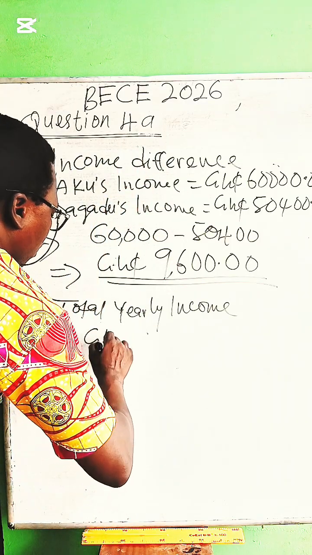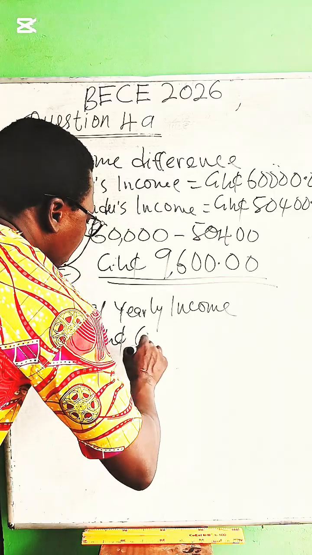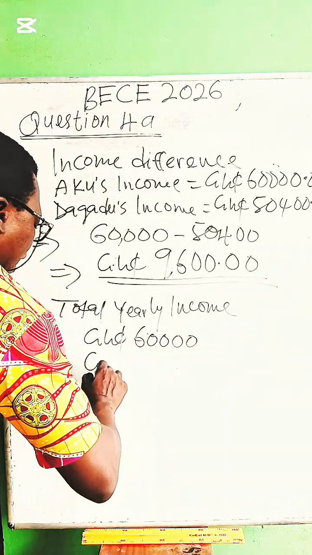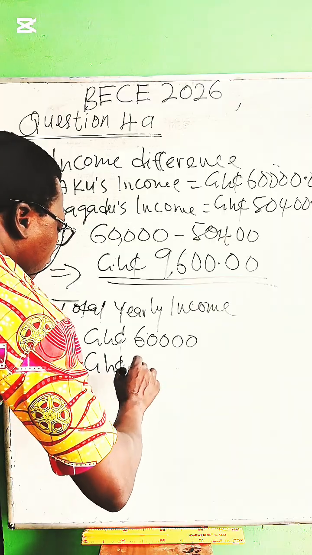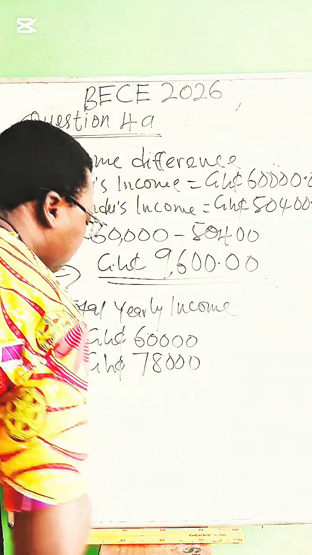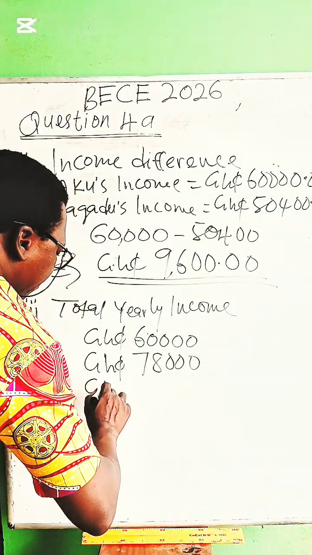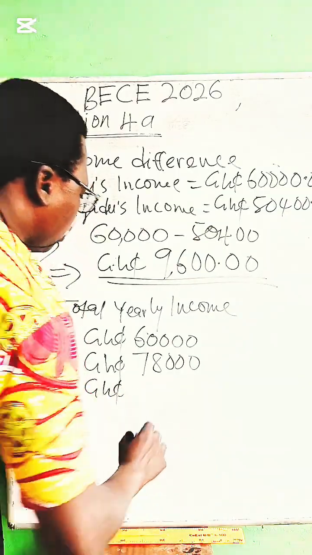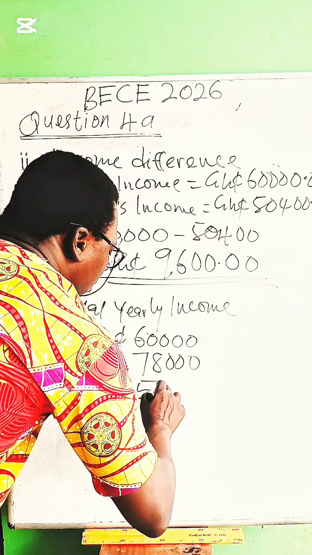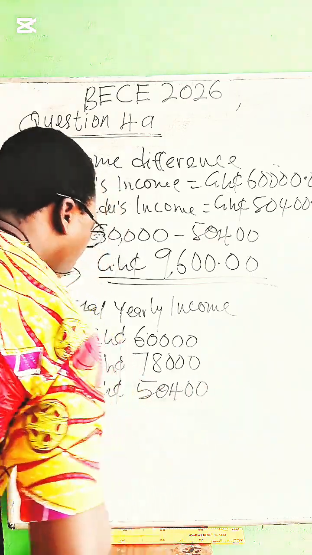So I have Aku's yearly income to be 60,000, Braco's yearly income to be 78,000, and Dagadu's yearly income to be 50,400.